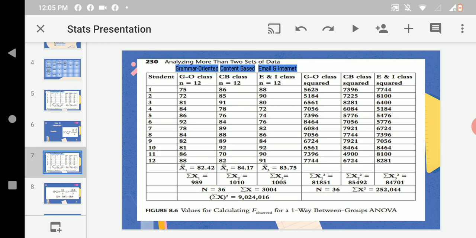Let's say these are grades of all the participants from the 3 groups. So we have the summation of x is equals to 3004.